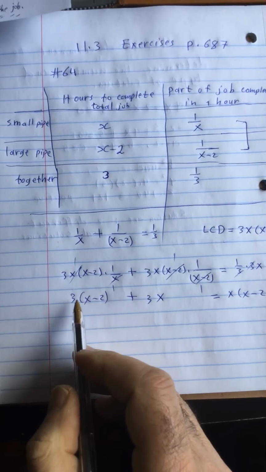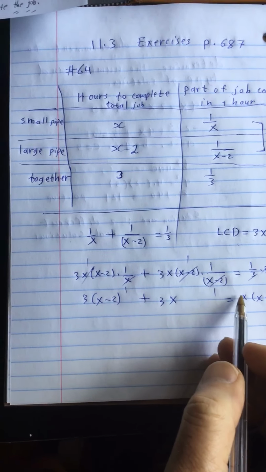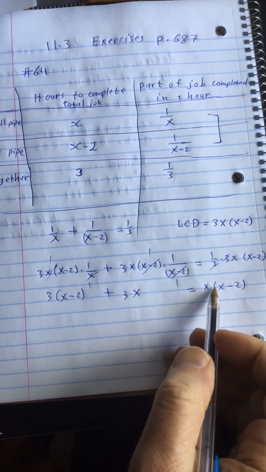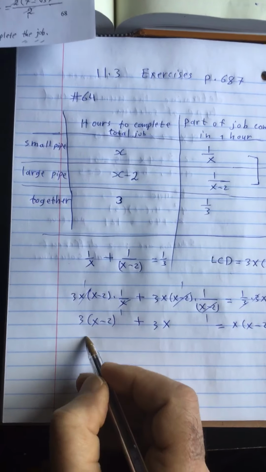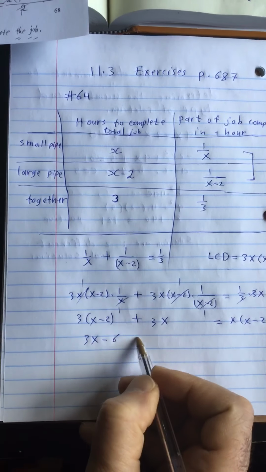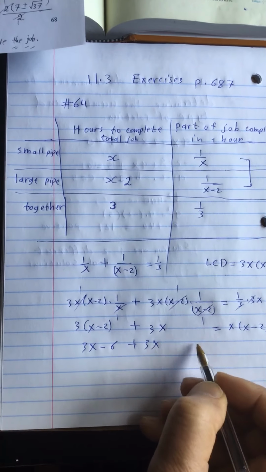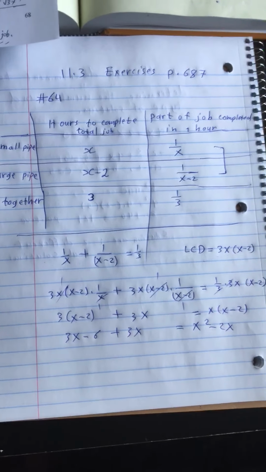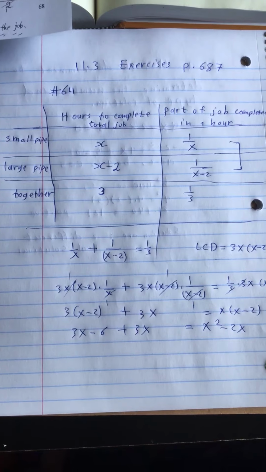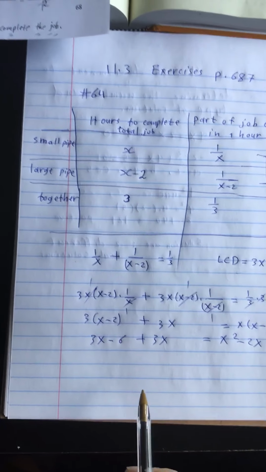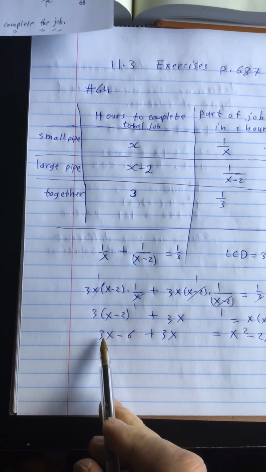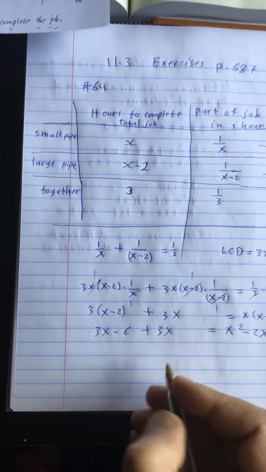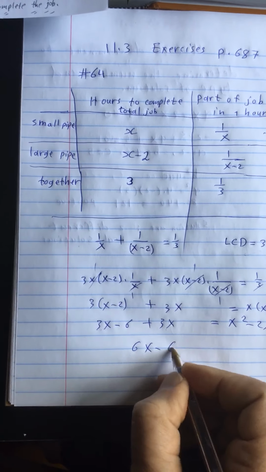Simplify. Use the distributive property on both sides. So we get 3x minus 6 plus 3x equals x squared minus 2x. Simplify each side separately: 3x plus 3x equals 6x minus 6.